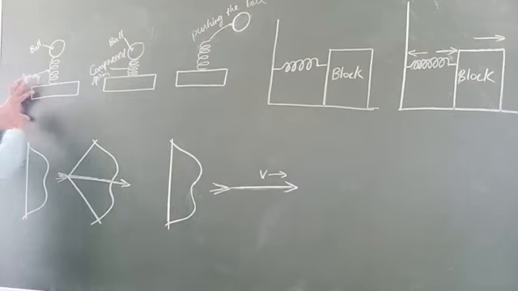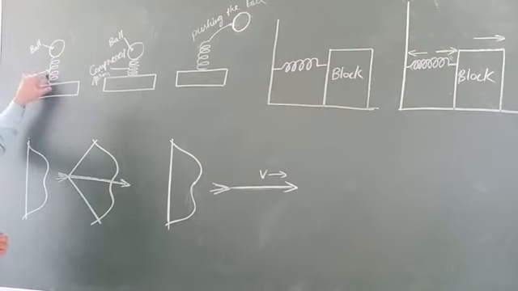This is the first situation, in which this is the original shape and size of the spring and a ball is kept on the spring at rest. In this situation, we observe that the spring has no capability to do some work on the ball. So the ball will remain at rest in this situation.